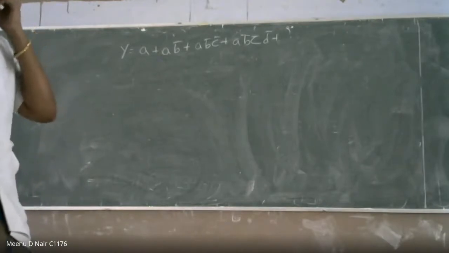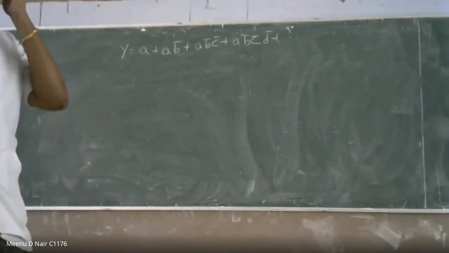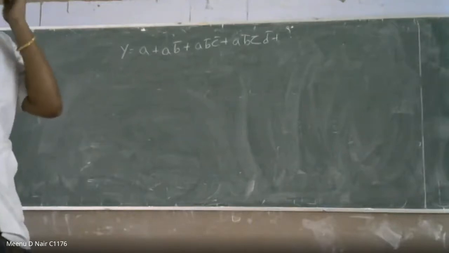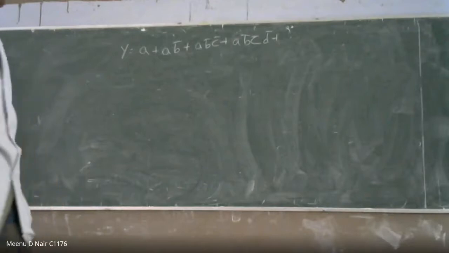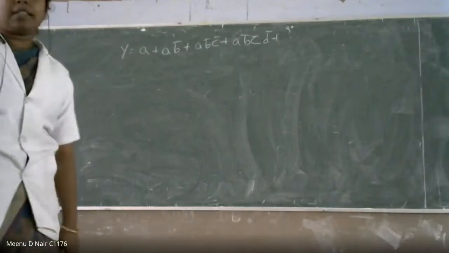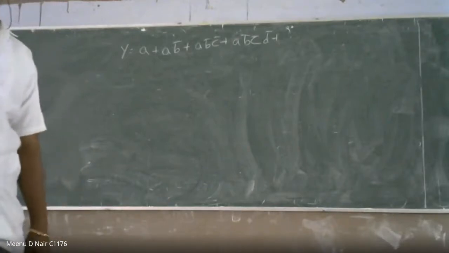So what is the answer of this question? A plus A B bar plus A B bar C bar plus A B bar C bar D bar plus etc. What is the answer?